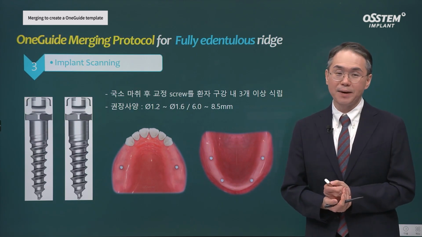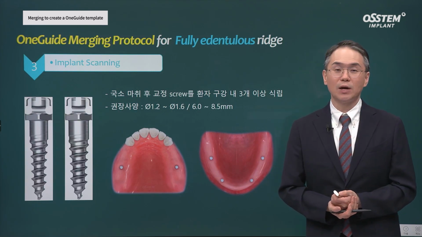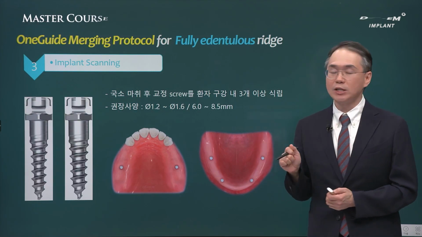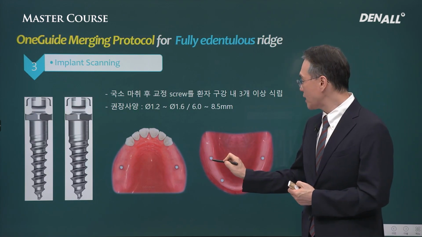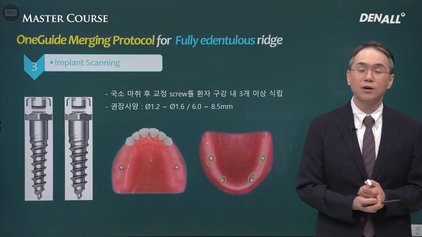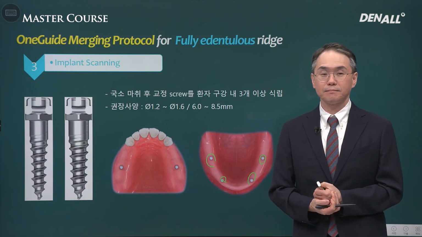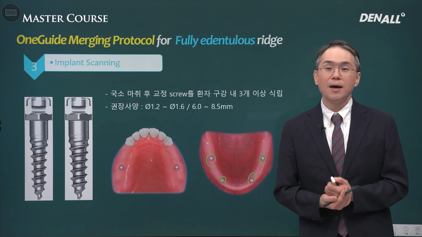Yes, local anesthesia may be necessary, but this does not cause significant discomfort to the patient. You need 3 points for merging in order to prevent distortions in the XYZ axis. Therefore, placement of 3 to 4 orthodontic screws is recommended.